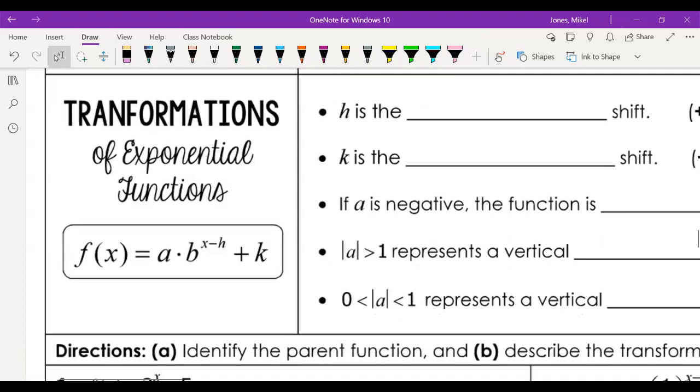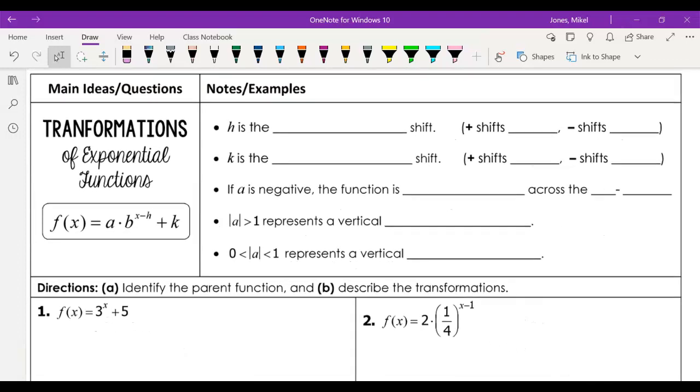Okay, so h is the horizontal shift. So anything that occurs with the x, sort of inside the group with the x's, that's a horizontal movement. So this would be the horizontal shift.